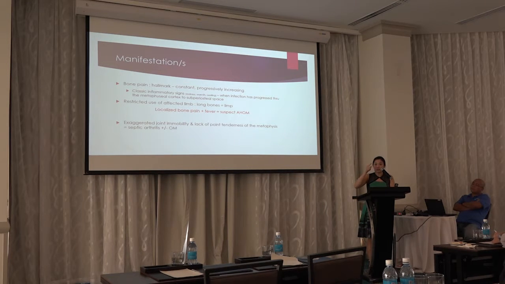And sometimes with the blood supply that the kids have, that actually becomes a portal for where the bacteria exits and then gets to another joint. So you may have both osteo and septic arthritis, but the septic arthritis may present earlier because of exaggerated joint immobility, not just the joint itself.